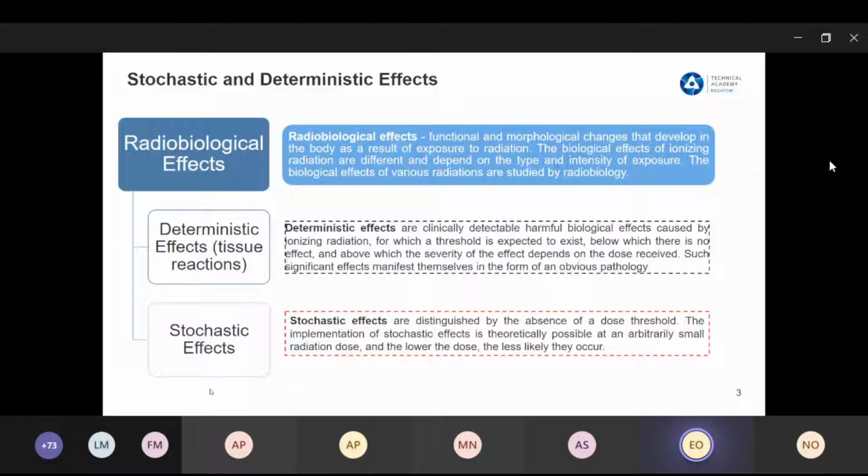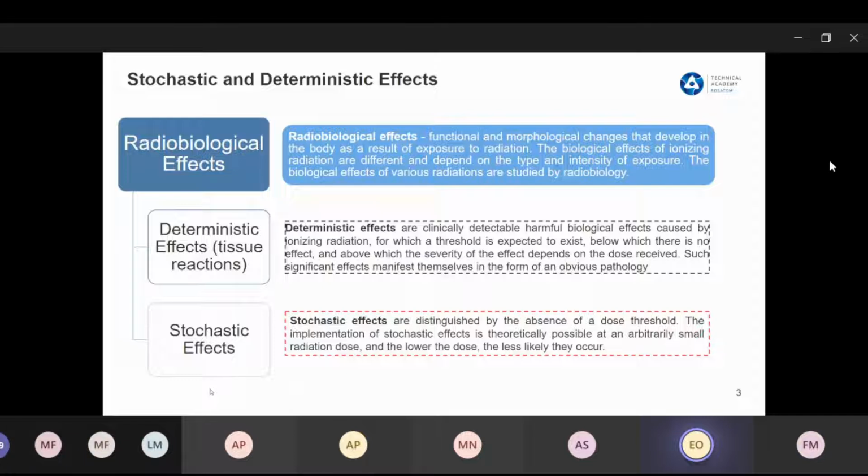These effects most often occur with short-term exposure to high doses and high dose rates of radiation and have a threshold character. For the occurrence of a particular pathology, it is necessary to achieve threshold levels of radiation doses, below which these effects are not clinically manifested.